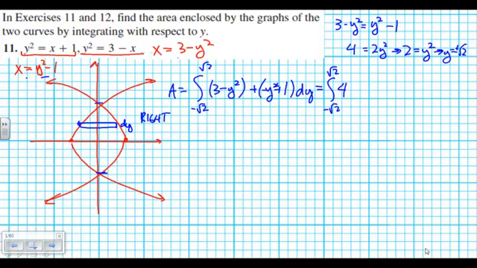And I get a negative y squared and another negative y squared to get negative 2y squared dy. Now let's take the antiderivative of that expression, 4y minus 2/3 y cubed, and we're going to evaluate this from negative root 2 to positive root 2.